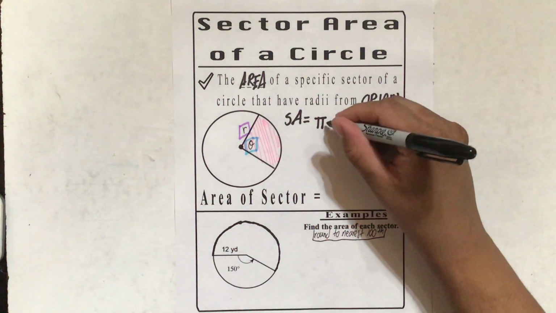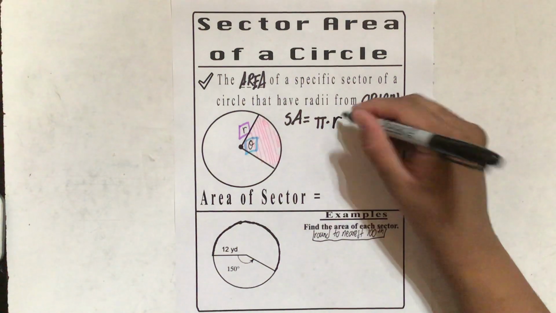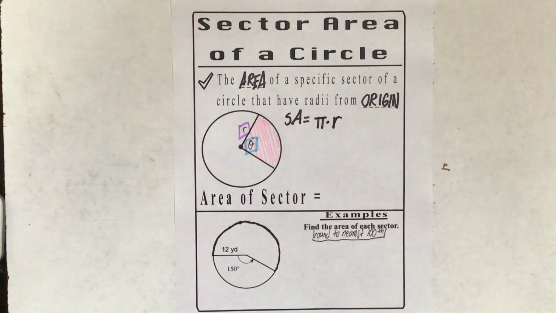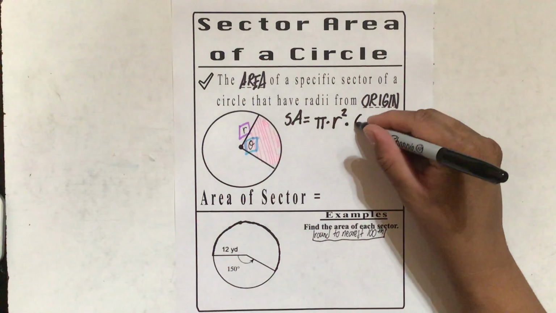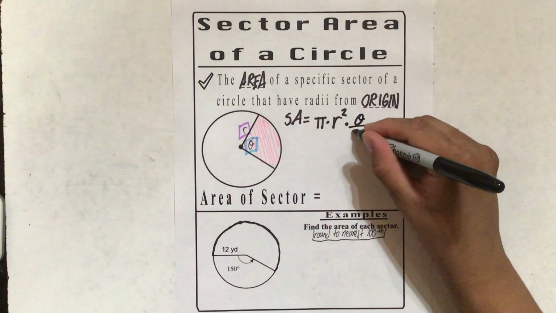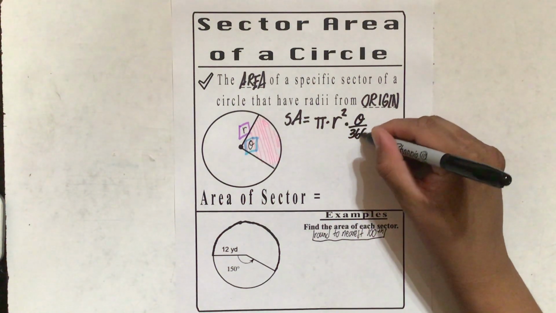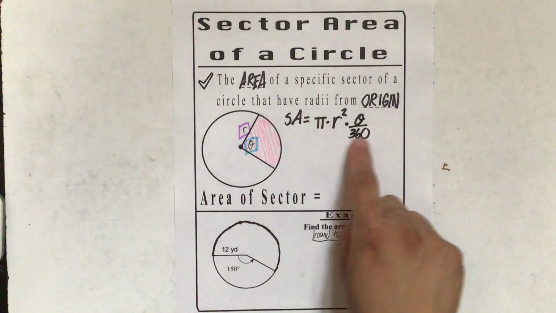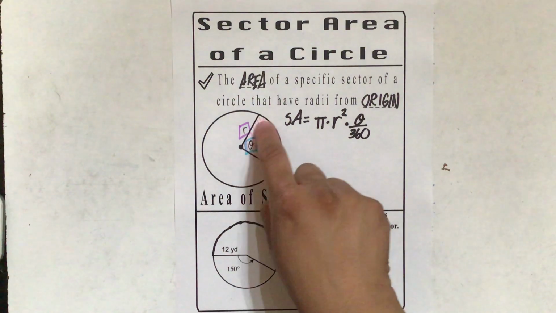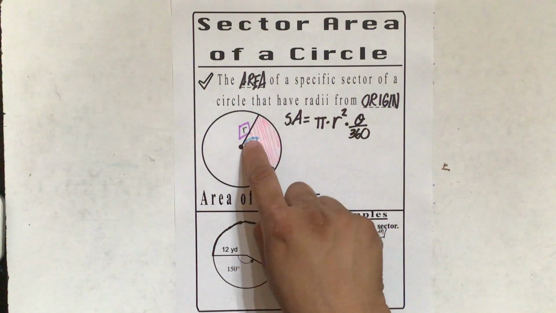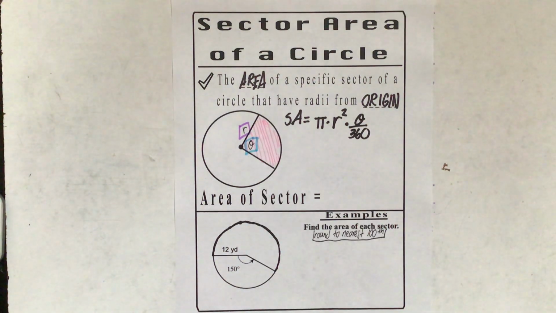Then we multiply that by r, the radius, but we square that, so r times r. And we multiply that by theta divided by 360. It's divided by 360 because the entire circle is 360, but I only need this part right here. That's what theta means. I only need this little slice of pizza.